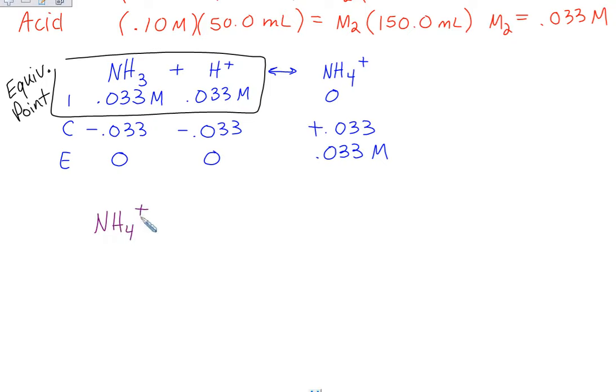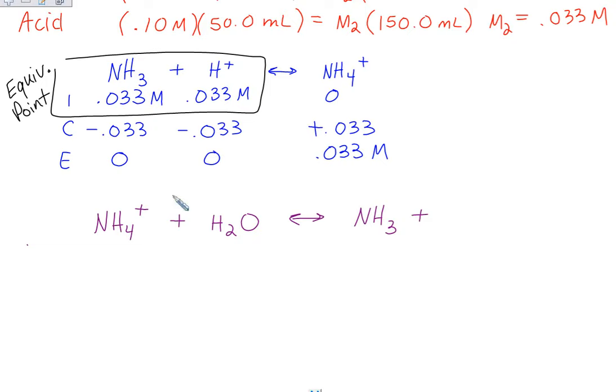What can it do? Well, it has a tendency to lose its hydrogen. Now, maybe I don't know. I don't want to get you too crazy. You can put water in if you want, or you can leave the water out. We're going to lose this extra hydrogen, so we'll be left with NH3.